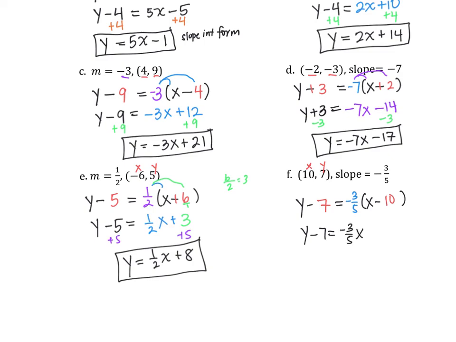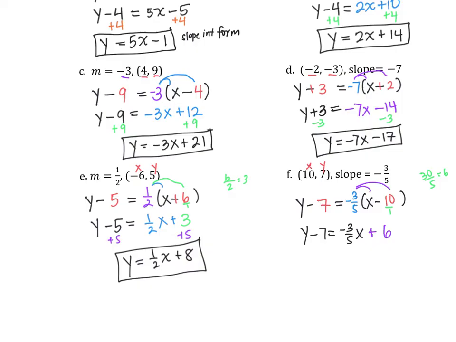That's not bad. Negative 3/5 times negative 10. Well, negative times negative is going to be a positive. But I'm not going to do this in my head. I'm going to put a little 1. If I do 3 times 10, I get 30. 5 times 1 is 5. 30 divided by 5 is 6. So this should be plus 6.